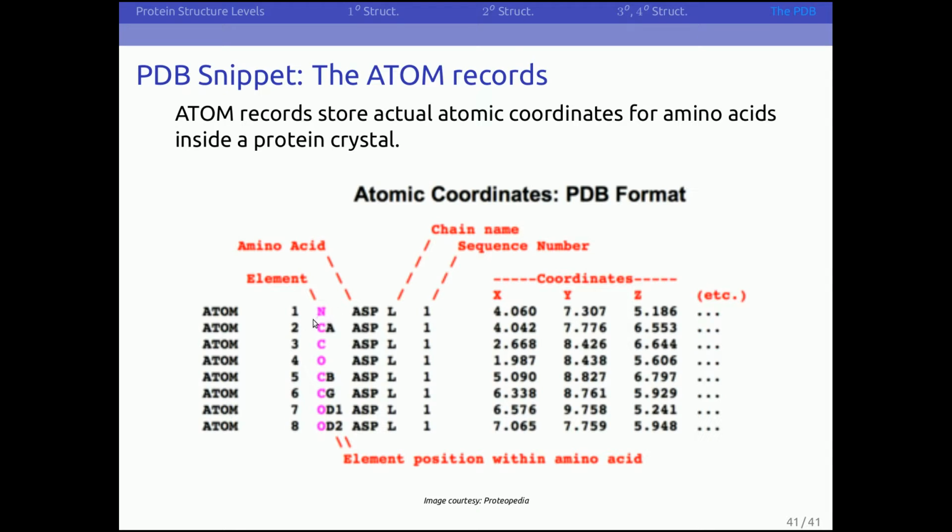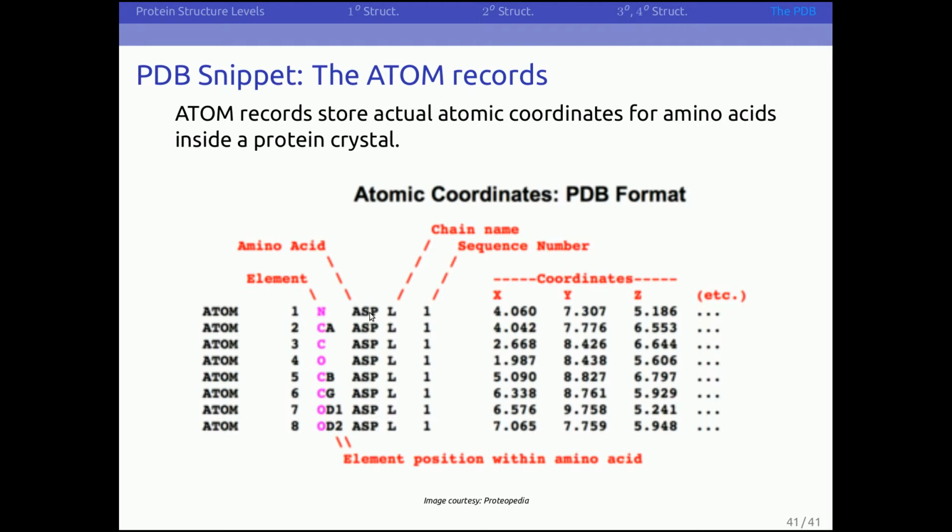So here is the N for aspartic acid, and here is the carbon alpha, then the second carbon and the oxygen, and aspartic acid has a second carbon and a third carbon called the C beta and C gamma. And then there are some extra oxygens in aspartic acid as well. And each line is describing the 3D coordinates for each atom.